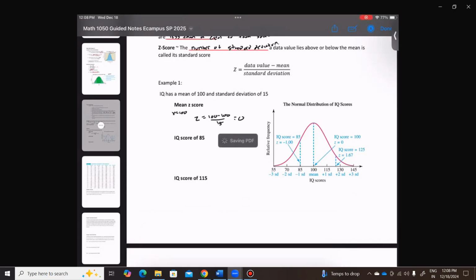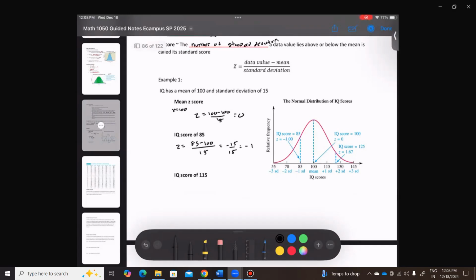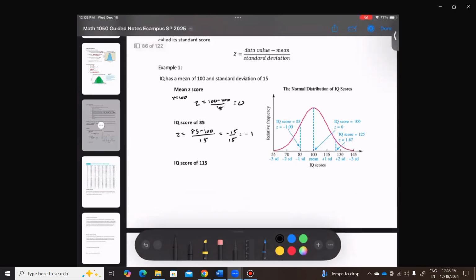If you have a data value of 85, then your z-score would be negative. It would be a negative 15 over 15, which is a negative 1. And if you have an IQ score of 115, then your z-score is positive 1.